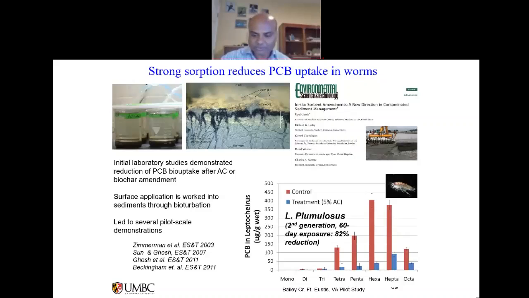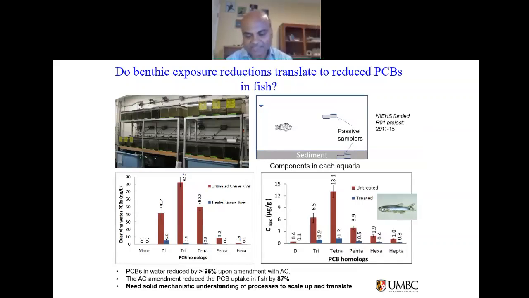We moved from these benthic organisms at the base of the food web to the species that we may be more interested in, the fish. This was a study supported by the National Institute of Environmental Health Sciences, the Superfund Research Program, where we looked at the next level in the food web, the fish. And we saw similar reductions.